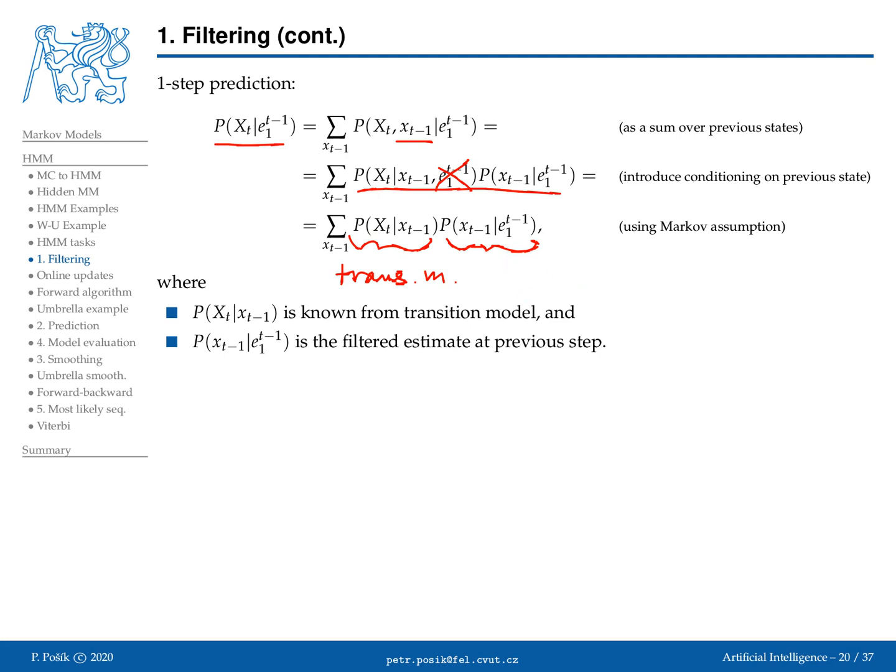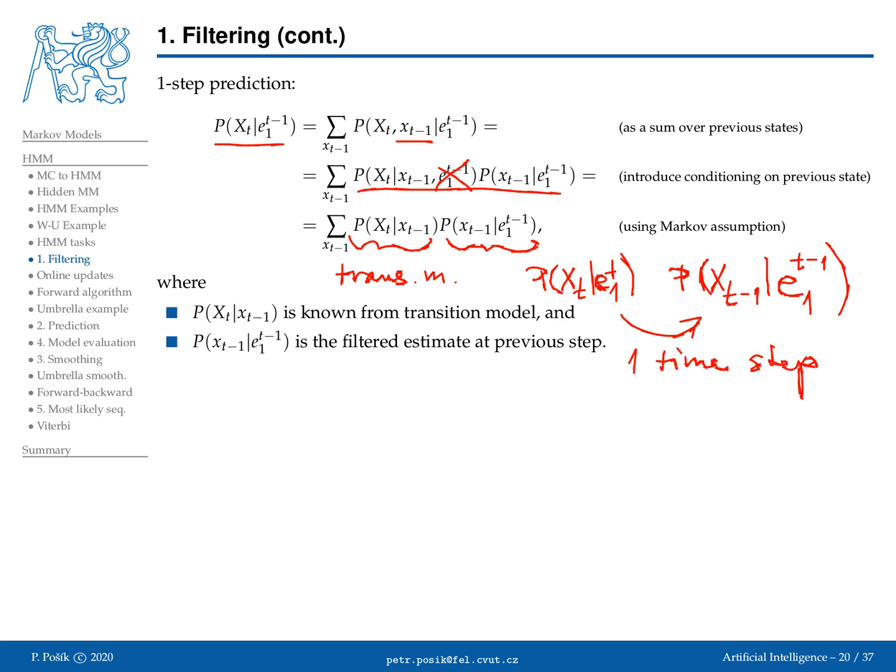You want to find p(x_t | e_1:t). But here we have the probability of x_t-1 given the observation sequence from 1 to t minus 1. This is the same quantity. The difference is only one time step, right?